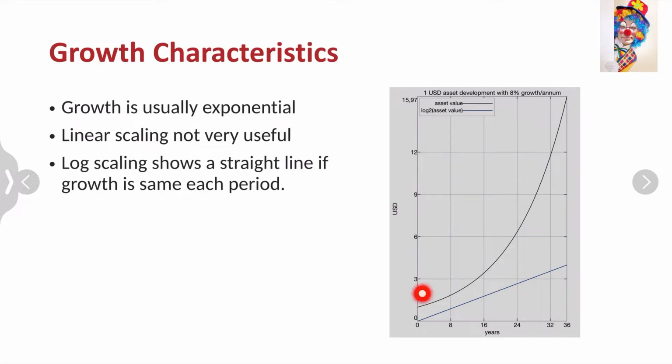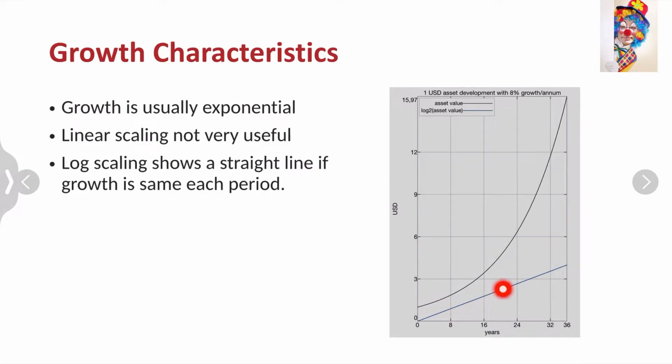And you see here the linear graph. And what you would see after 36 years is the multiplication 1.08 36 times. And this is nothing else than 1.08 to the power of 36.